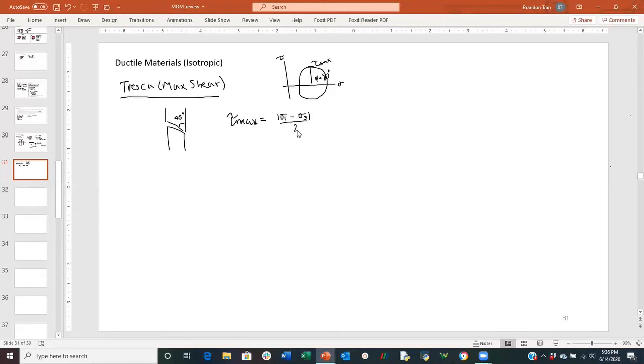Divided by 2, or, like I just said, tau max for 2D would be sigma 1 minus sigma 2 over 2, essentially. Okay, so that's straightforward.